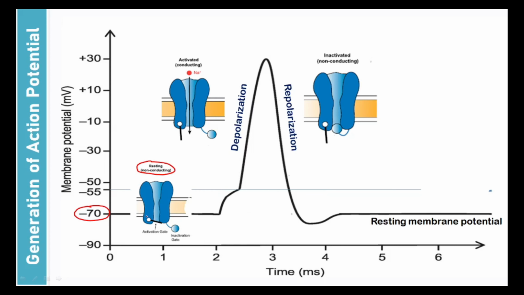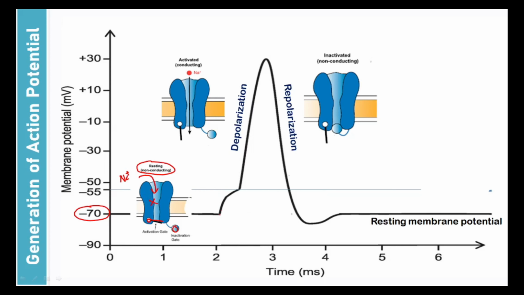Sodium channels have two gates, one is the activation gate, another is the inactivation gate. In the resting stage, the activation gate is closed but the inactivation gate is open. But sodium cannot come inside because the activation gate is closed.